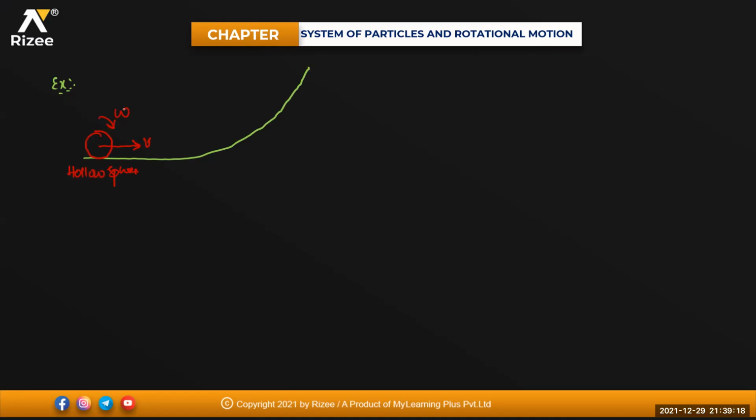The hollow sphere is rolling without slipping on a horizontal surface, such that its translational kinetic energy is given as K. Find the maximum height attained by it on the inclined surface. To what maximum height can it go?